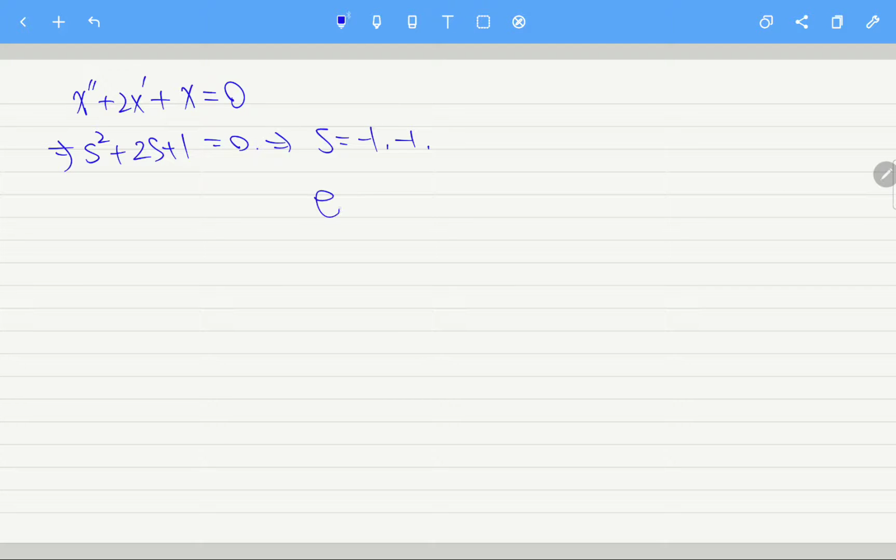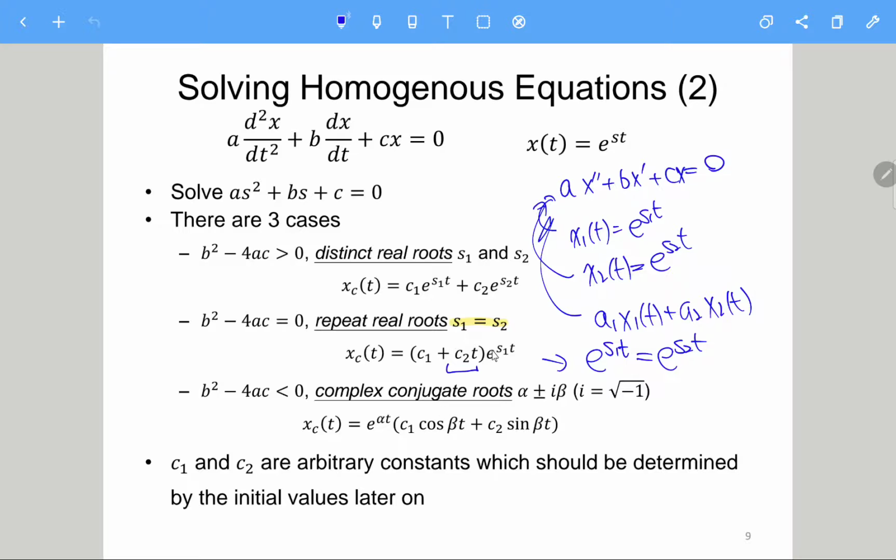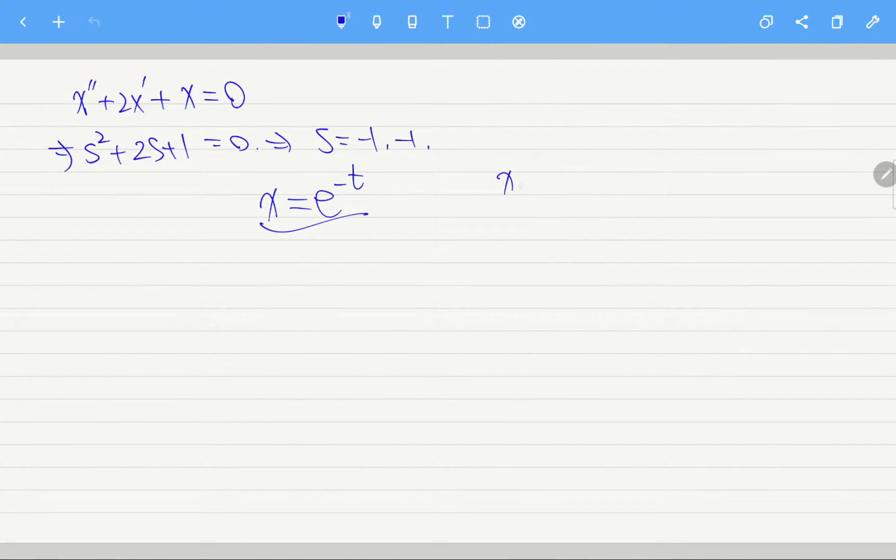So we know exponential of minus t, right? This is one of the solutions. And we actually need to find another one. If you just believe this one is correct, then you should get the complementary solution to be c1 plus c2t times exponential of minus t.